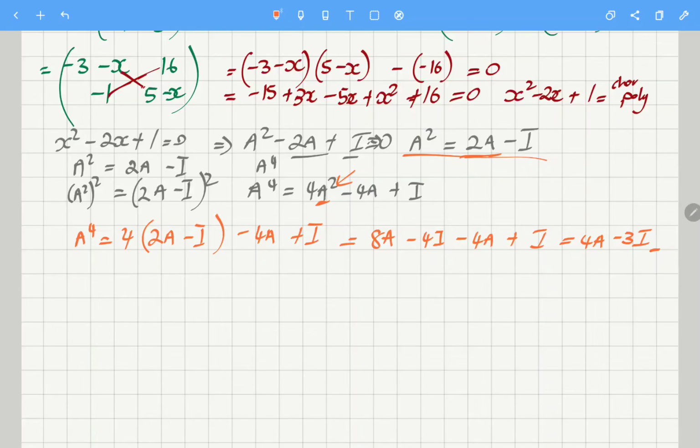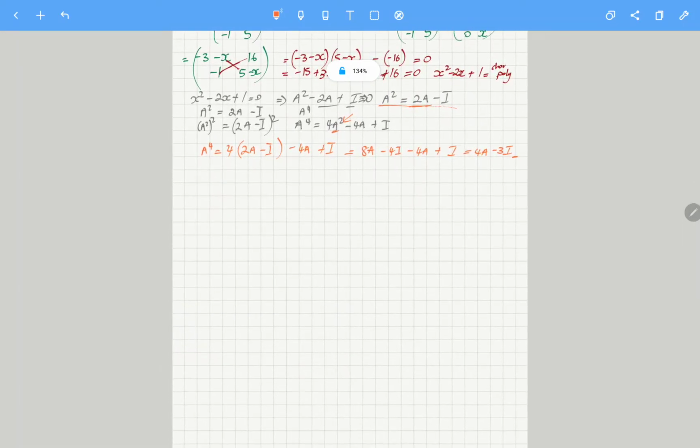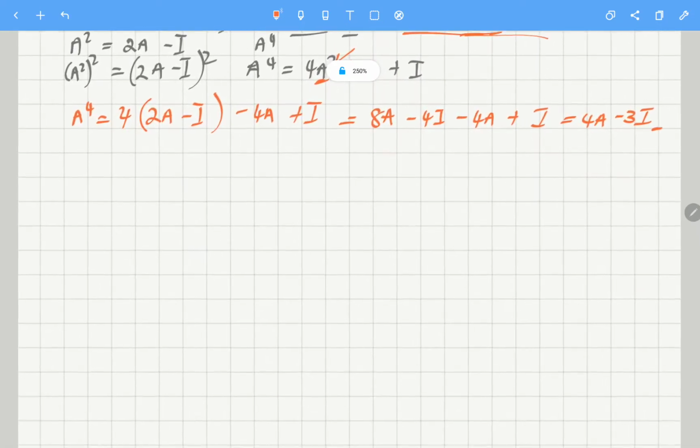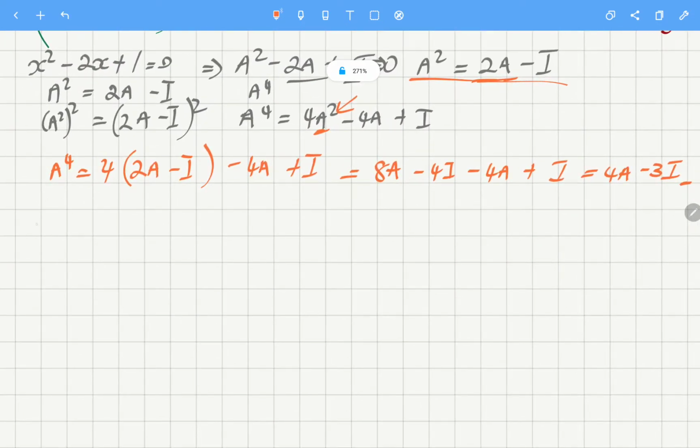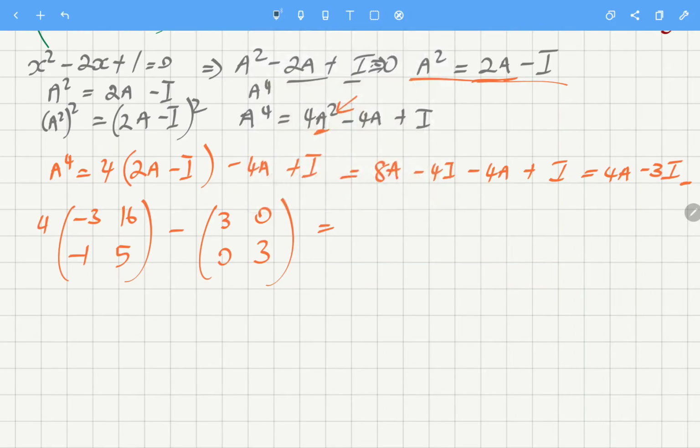And then we know the value of the matrix, so that's 4 times [-3, 16; -1, 5] minus 3 times [1, 0; 0, 1], and simplifying further: 4 times -3 is -12, 4 times 16 is 64, 4 times -1 is -4, and 4 times 5 is 20, minus [3, 0; 0, 3].